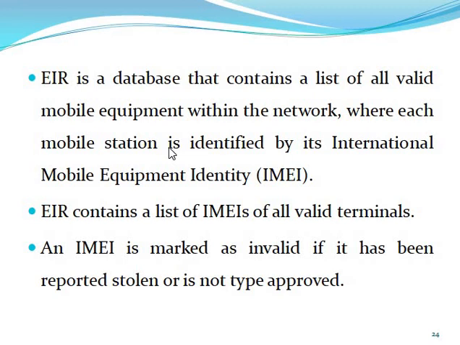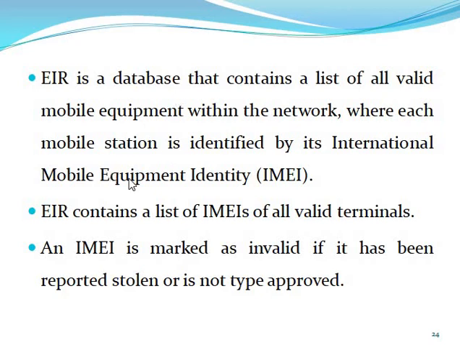Suppose you make a call from India to the USA, then roaming and network management apply, using the mobile equipment identity or international mobile identity. So you authenticate the user and send the request, and then your call is connected. So this is the importance.